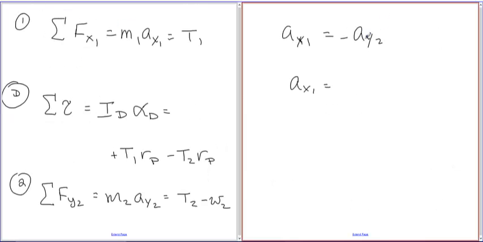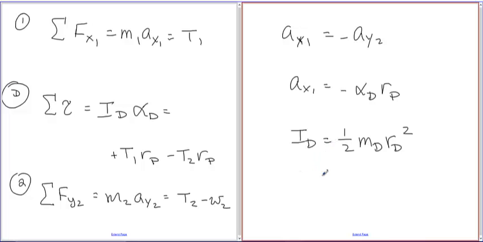So that's going to be negative alpha for the disk times the radius for the pulley, because the pulley is connected to the thread, not the outer diameter. And then you also have, finally, the moment of inertia for the disk is equal to 1/2 the mass of the disk times the radius of the disk squared. Because the pulley has negligible mass, it's the disk that's causing the inertia.